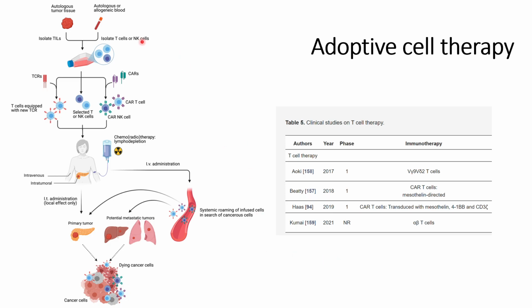As we can see, some of the clinical studies are under phase 1, which is a good indication that this kind of approach can be useful to treat patients that are already at a higher stage of cancer.